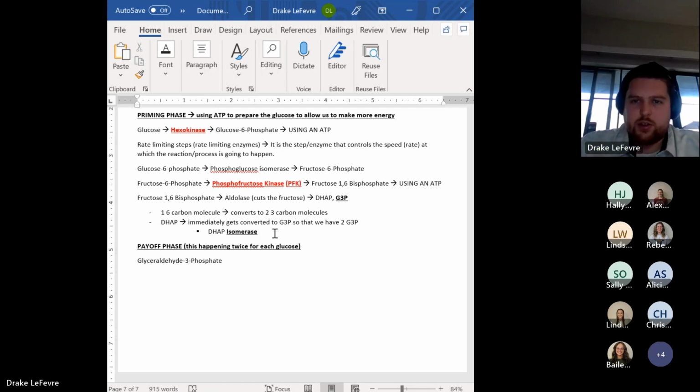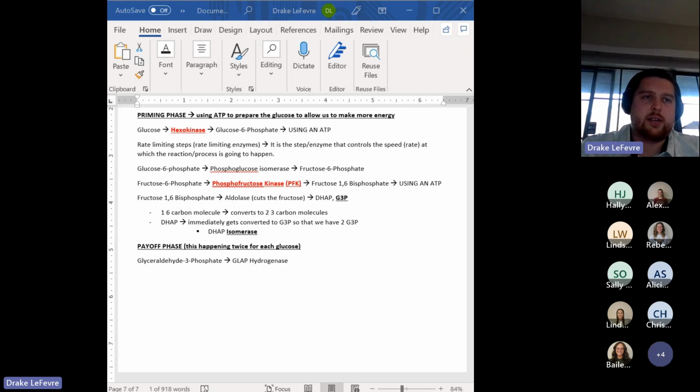Okay. So our glyceraldehyde 3-phosphate gets acted on by a glyceraldehyde phosphate hydrogenase. Does anybody remember what hydrogenase enzymes do? What their function is? Do they remove water?